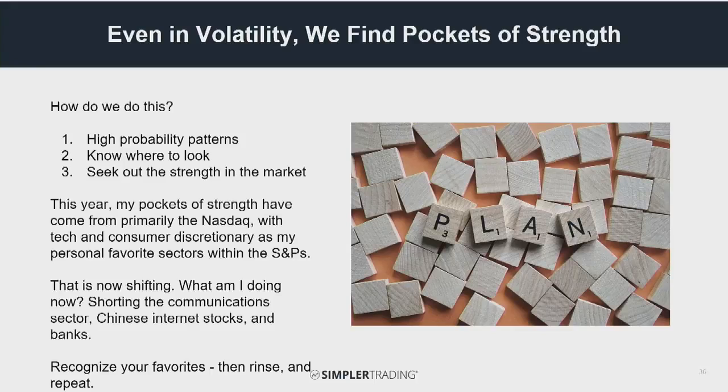Surprisingly, the video that I did tonight was about utilities, looking like it's setting up to the long side. So you can always find something to trade to the upside. It's just going to shift, usually on a quarterly basis. And you can also find stuff to trade on the downside. You just have to recognize your favorites and then rinse and repeat over and over again.